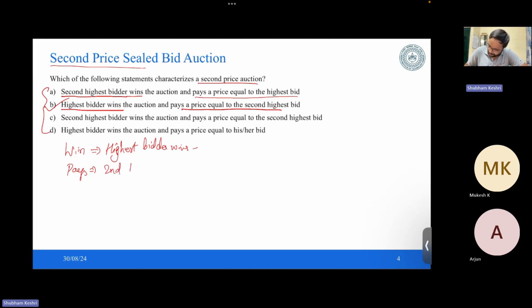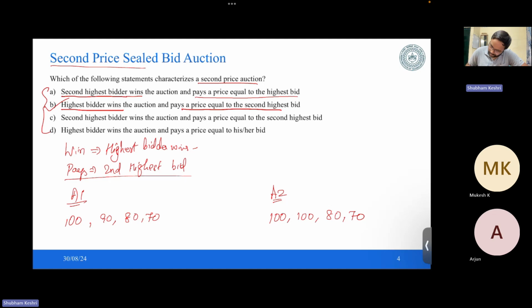I have a follow-up question for you. Suppose there are two situations, auction one A1 and auction two A2, and there are four bidders. In the first auction these are the bids, and in the second auction these are the different bids.